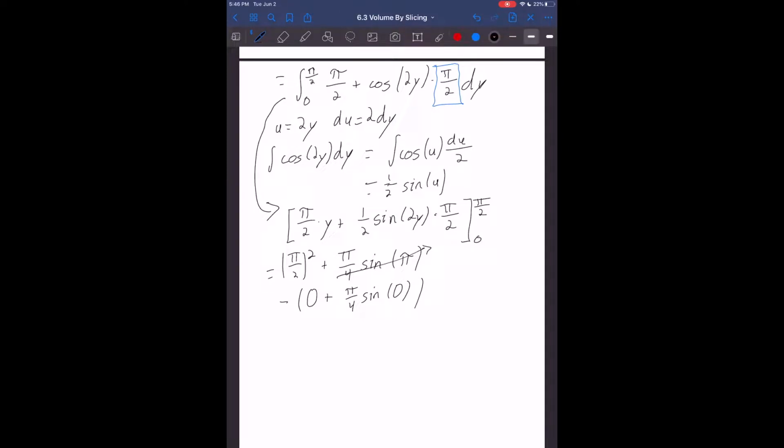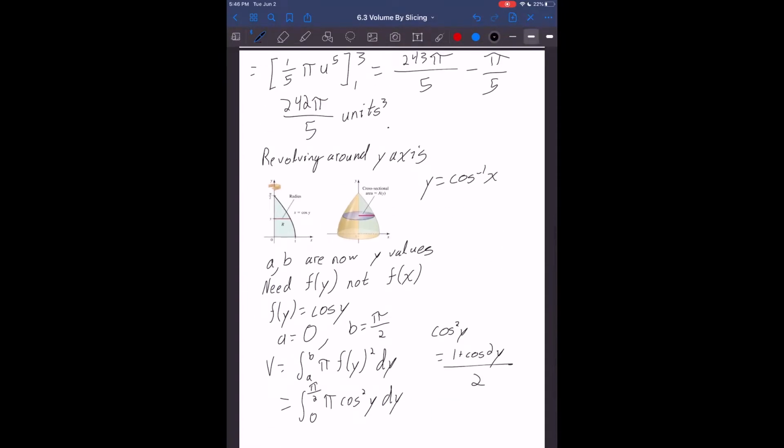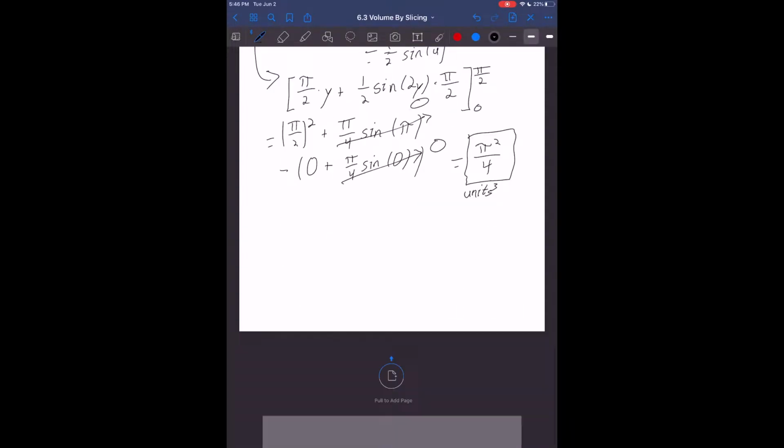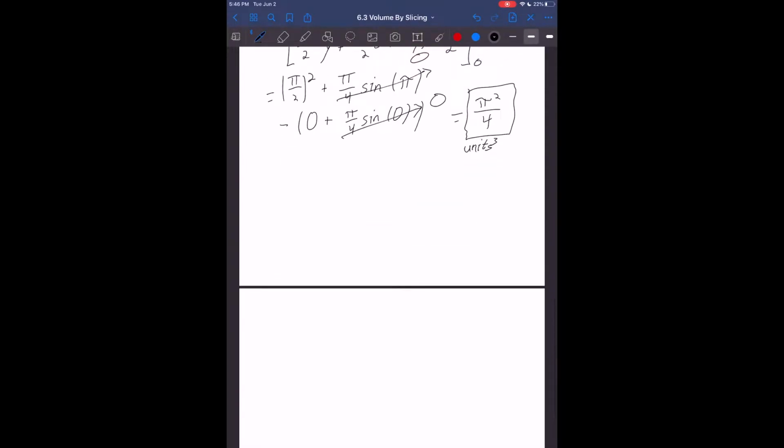The nice thing about sine of pi and sine of 0 is that they're both 0. So we are just left with pi squared over 4 as our final answer. So this kind of funny looking cone shape is going to have a volume of pi squared over 4 units cubed. Okay.